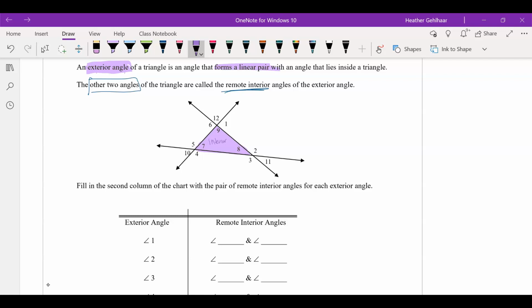Okay, so we have here angle 1. Angle 1 is the exterior angle. Angle 1 is on the outside. So remember, the exterior angle of the triangle is formed by a linear pair. So here, this is the line that angle 1 is on, and then 9 and 1 are a linear pair. So then the remote interior angles will be 7 and 8. It's the two other angles. So we have angle 7 and 8.